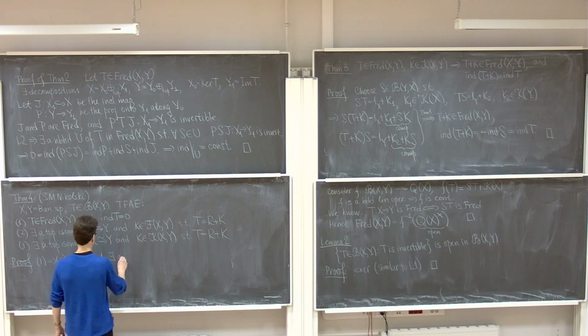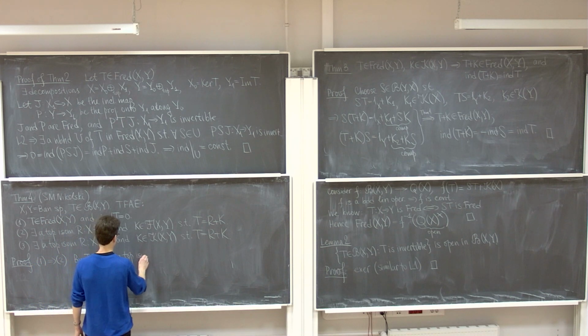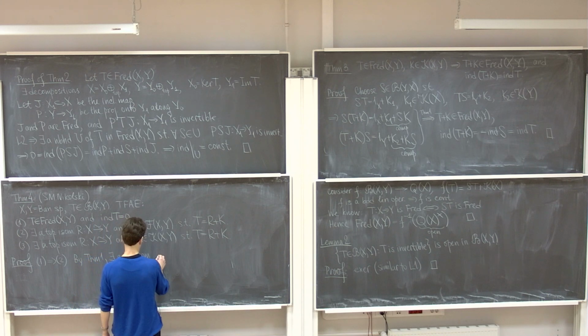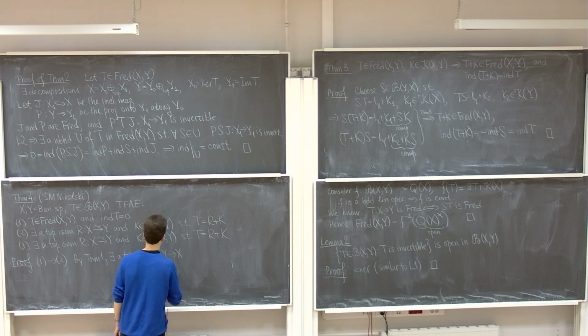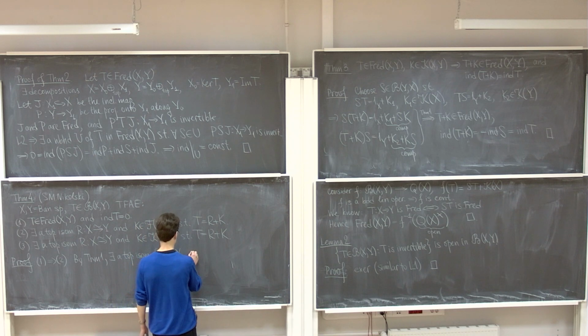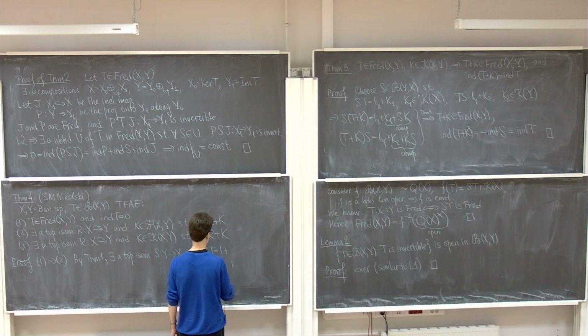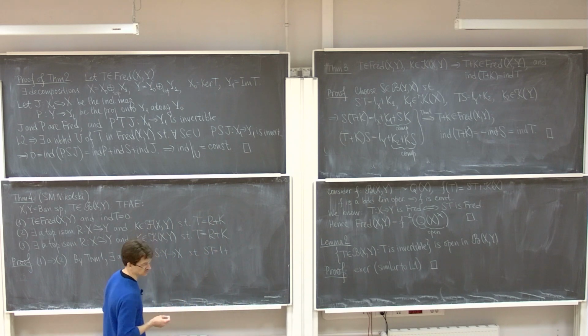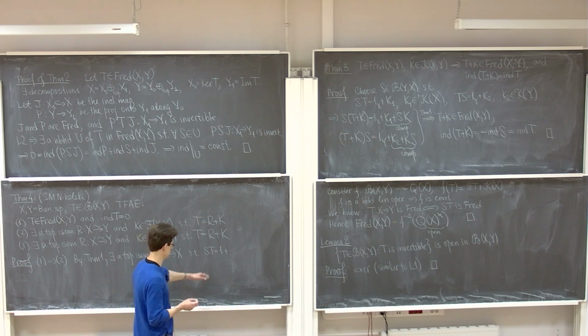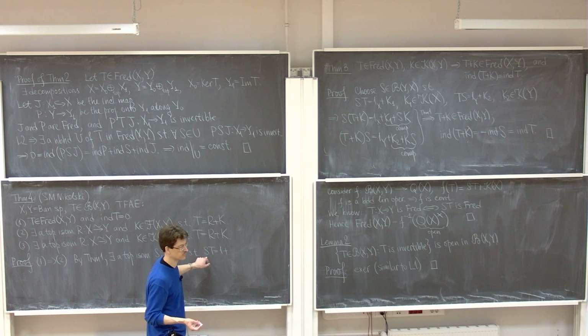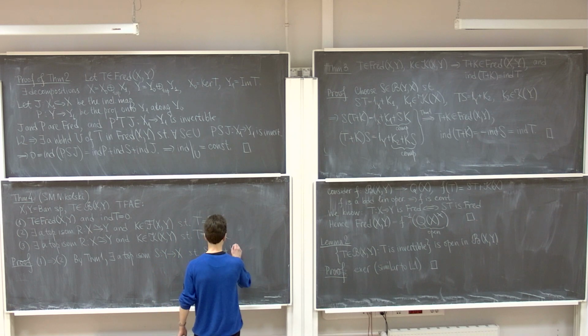There is a topological isomorphism S from Y to X, which is essential inverse to T. Actually, we will use only the fact that it is left essential inverse, such that ST is the identity map plus a compact operator. We can choose S in such a way that 1 minus ST is a finite rank projection. So ST is 1 plus a finite rank operator, K1.